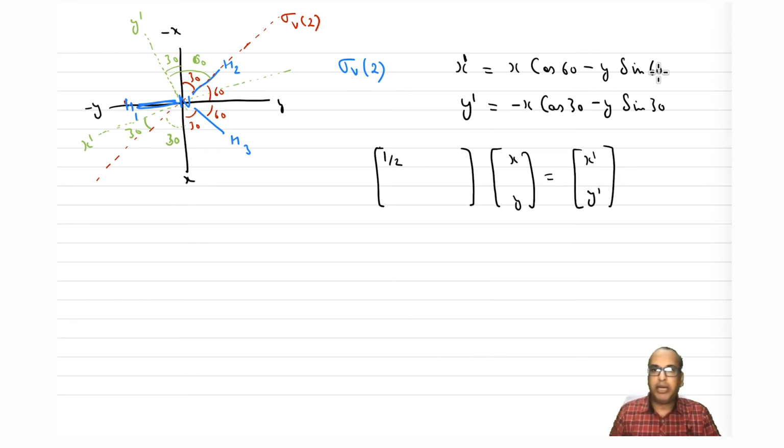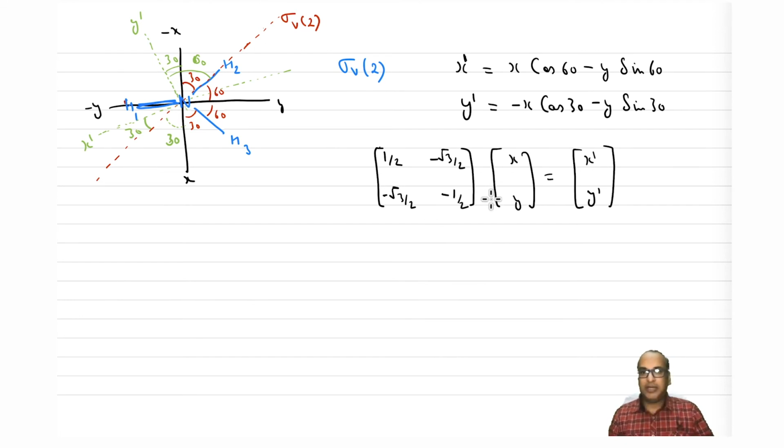So half, minus of sine 60 will be minus root 3 by 2. Now cos 30 will be root 3 by 2 with a negative, and sine 30 will be half with a negative here because the negative sign is there, right?